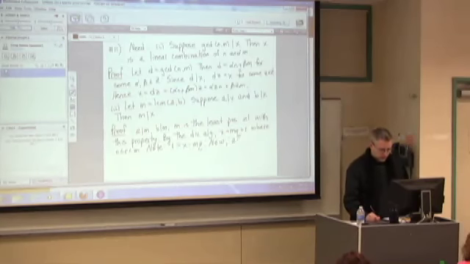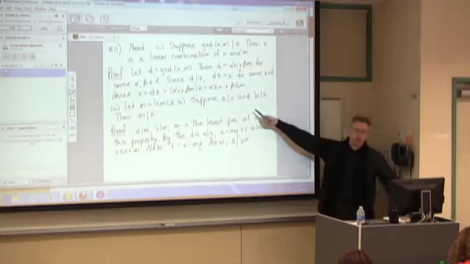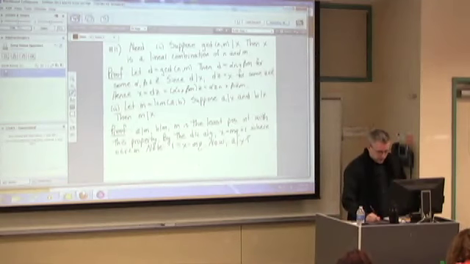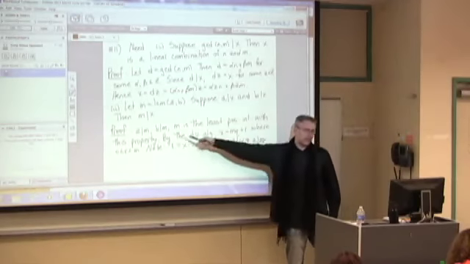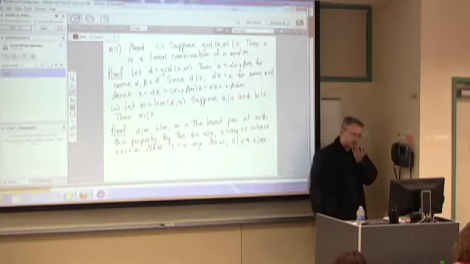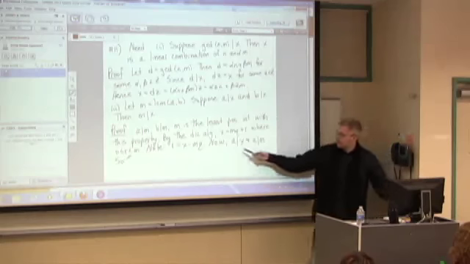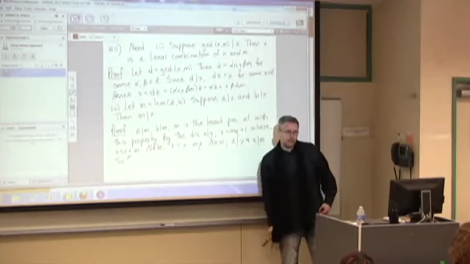What are our assumptions? A divides x for sure, that's just our assumption up here. And we also know that A divides m, right? It's right here, the definition of least common multiple. m is a multiple of A. So if A divides x and A divides m, you guys buy that A will divide r then?